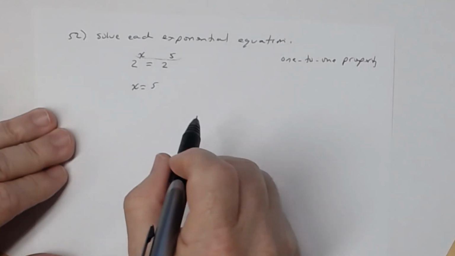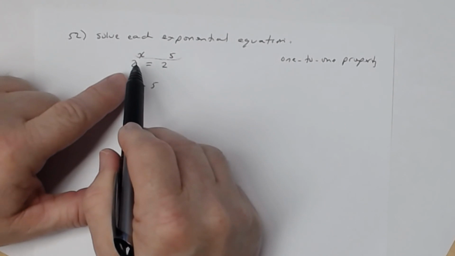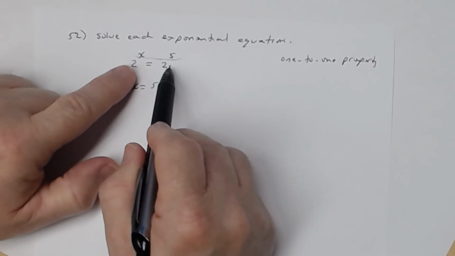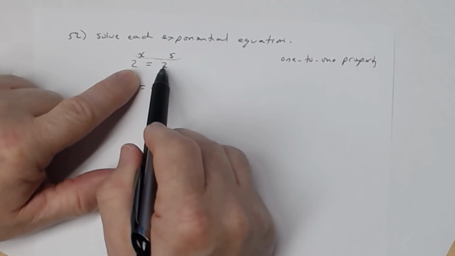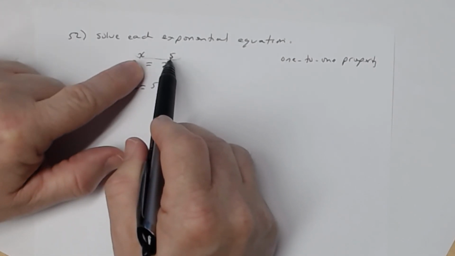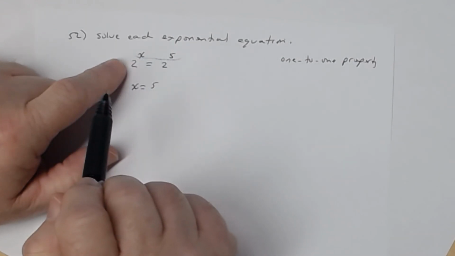And so the property that we're trying to get at here is that when you have an exponential equation and you are able to get the bases to be the same, then using the one-to-one property, we can say that the exponents must be equal to each other.